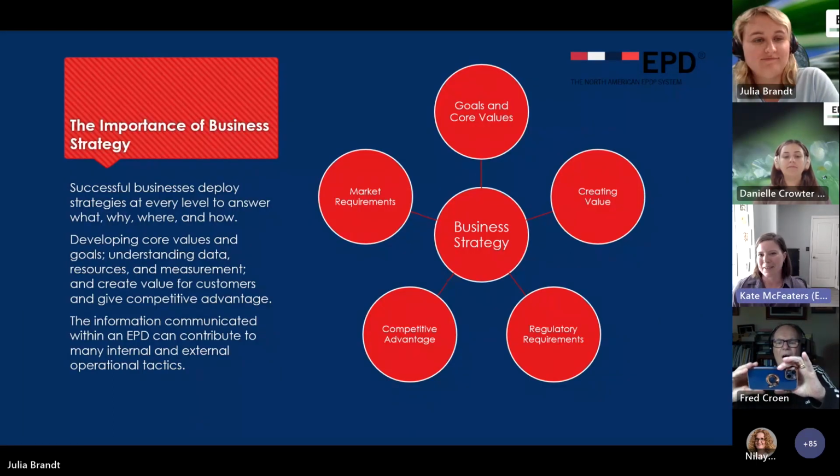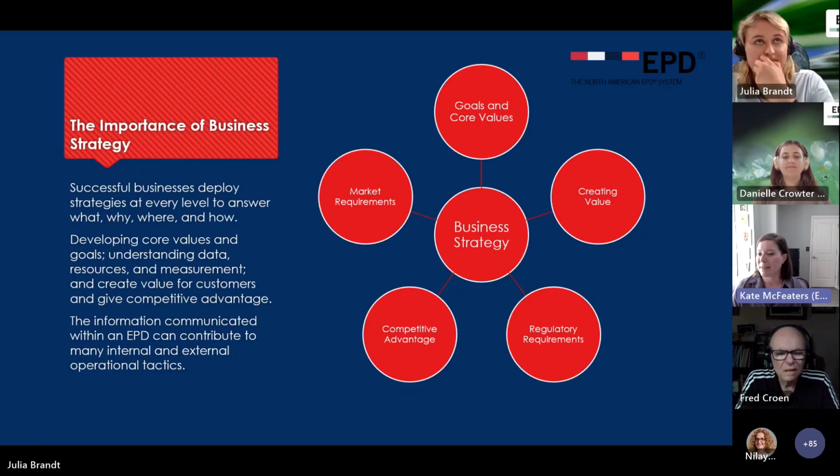So I think everyone can agree that the importance of the business strategy is that it helps successful businesses deploy strategies at every level to answer the who, what, when, where, why, and how. And there are elements to the business strategy. These elements would include the goals and core values of the business, how the business is creating value for all of the stakeholders, the customers, and the business itself, how the regulatory requirements interact with the business strategy, as well as the market requirements, and then the competitive advantage.